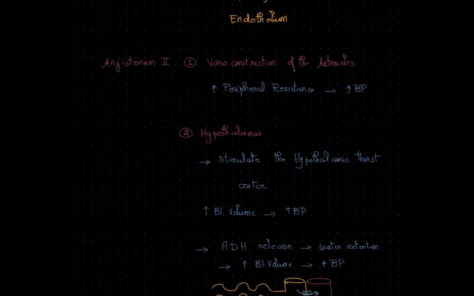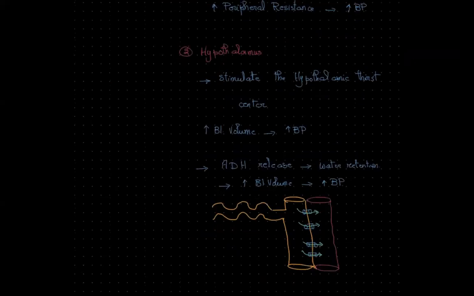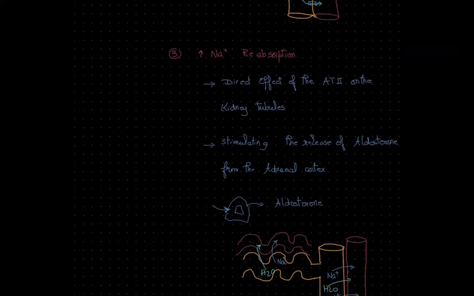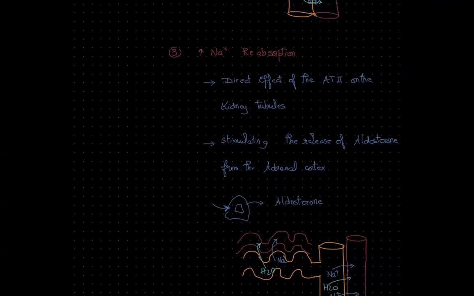Angiotensin 2 will perform a vasoconstriction of the arterioles, stimulates the hypothalamic thirst center, and stimulates the hypothalamus to release ADH, increase sodium reabsorption directly and by stimulating the release of aldosterone. Yes, we need to know all those points for the essay question.